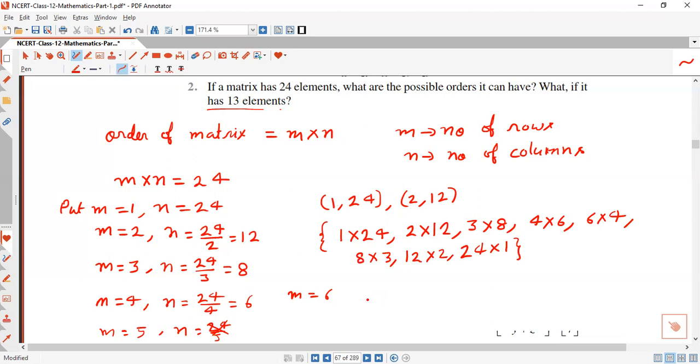The possible orders of the matrix are 13 rows and one column, or one row and 13 columns, because 13 is a prime number.